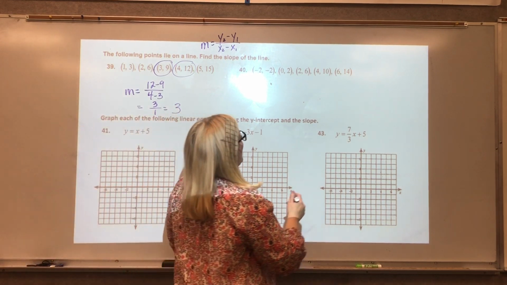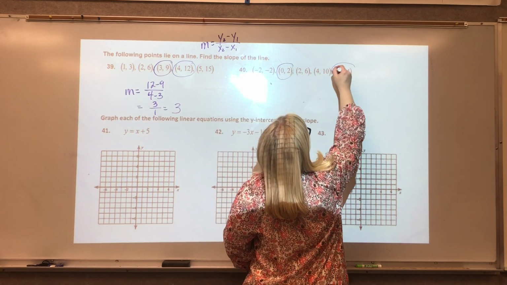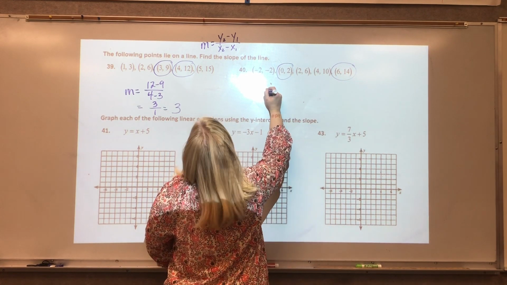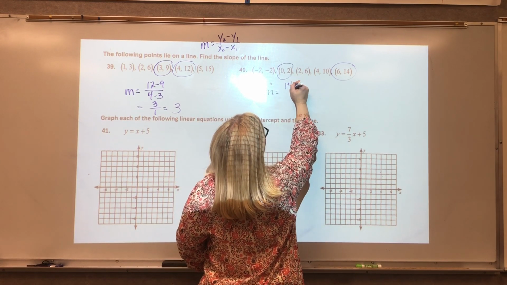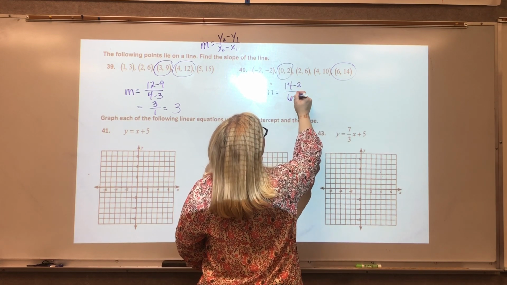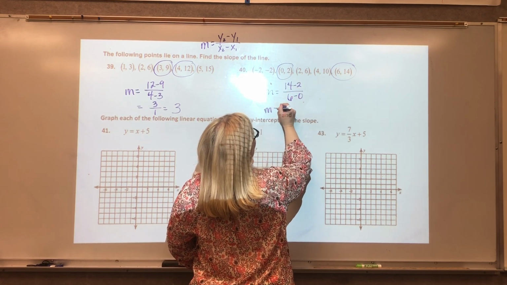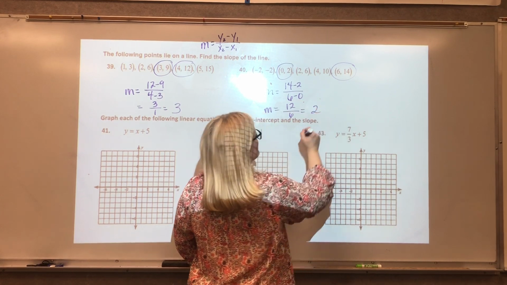Okay, over here let's pick this one and this one. So I have m equals 14 minus 2 over 6 minus 0. So 14 minus 2 is 12, divided by 6 is 2.